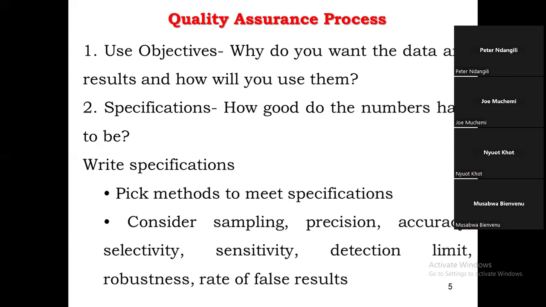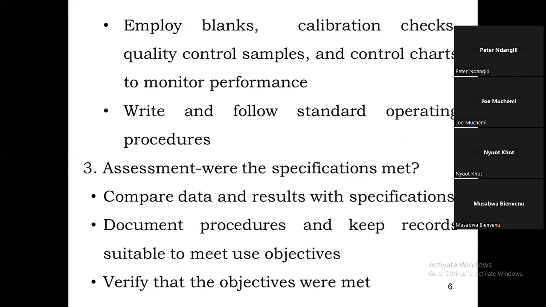You need to pick the methods that are going to meet the specifications that you have laid down. You also need to consider the sampling, the precision, the accuracy, selectivity, sensitivity, detection limit, robustness, and rate of false results. We'll be discussing most of these aspects as we go on.